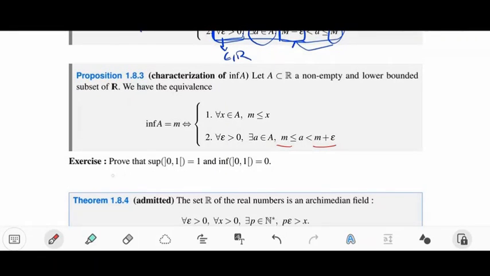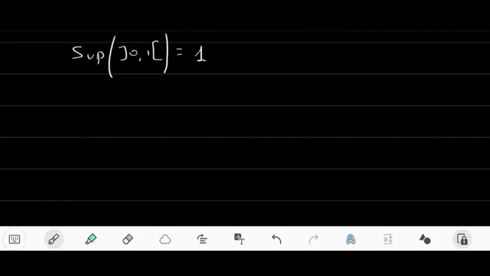Okay, I will take this exercise. I will try to prove it using the characterization. I want to prove now that the supremum of (0,1) is equal to 1, using the characterization of the upper bound. So in the characterization we have to prove two things. First, we need to prove that 1 is an upper bound, which is true, because any x you choose between 0 and 1, x is less than or equal to 1.